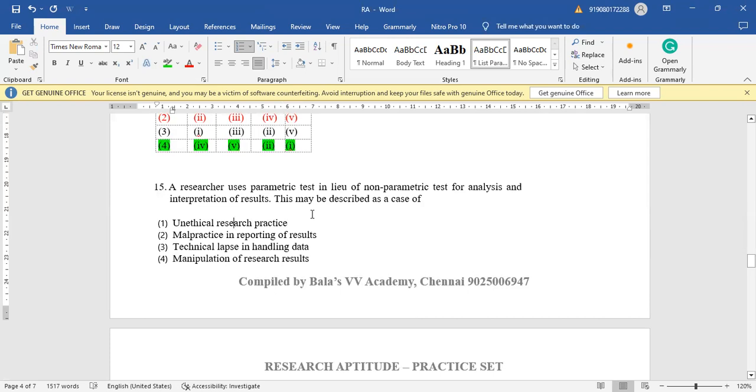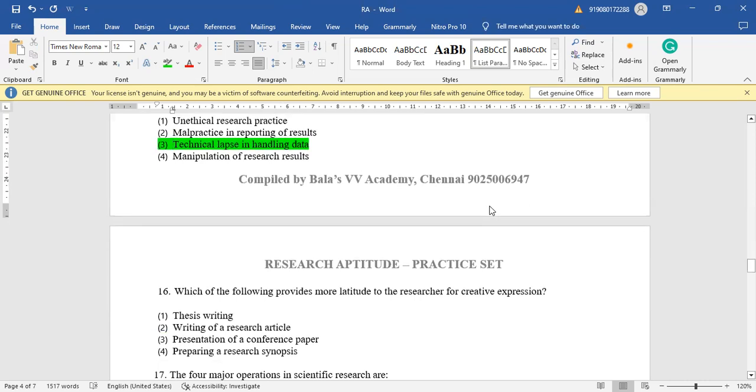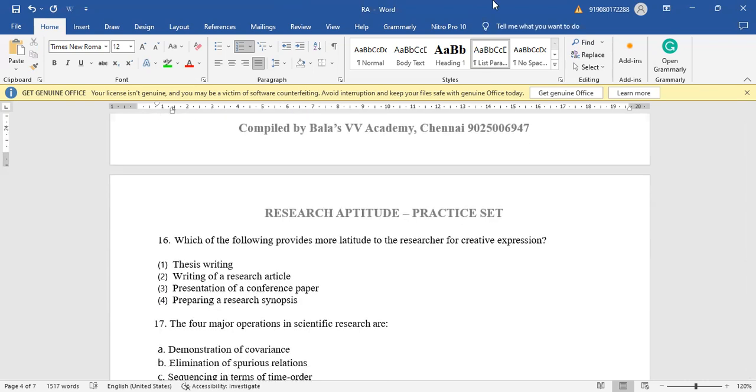It's a technical lapse in handling data, because what the parametric test and non-parametric test does, it is handling data and giving you some finding, correct? So that is a key. Handling data and a test go together. Understood? See, all my explanations would be, how a layman could approach this type of test and optimize the score.